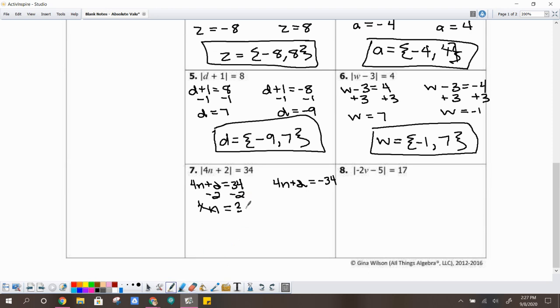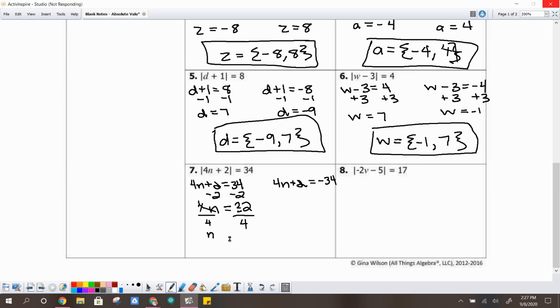So let me hope this will catch up to what I'm saying. Okay, divide by 4, divide by 4. So n equals 8 for the left part.